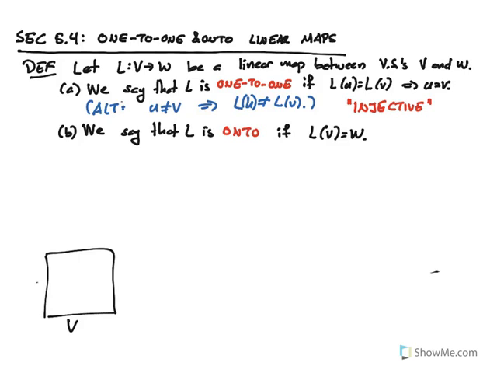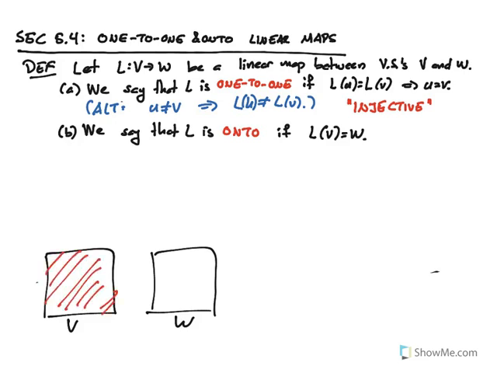We have the source space V, we have the target space W, and if you map all the points in V through this mapping L, then every piece of W is going to be hit. There are no gaps, basically. So this is when something is onto.